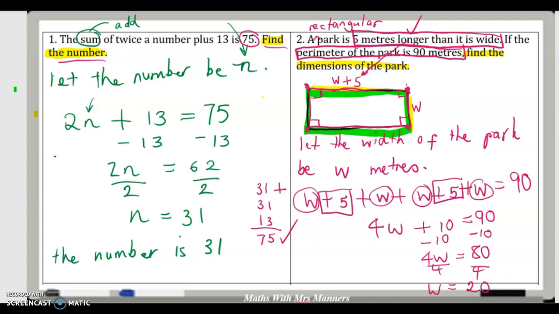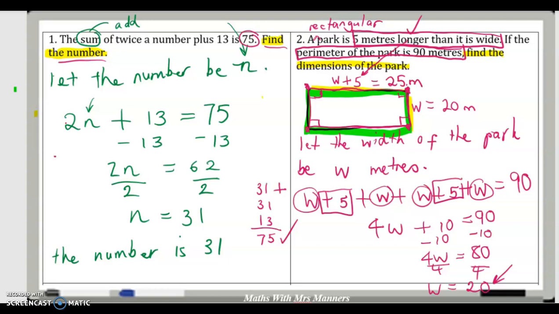And this is where your let statement comes in. Once you finish the equation, you might actually forget, well, what on earth is this w? What is it finding? Well, if I go back to my let statement, the let statement says let the width of the park be w meters. So now I know that the width of the park, the w, represents this distance here, which is 20 meters. And if I look at the other dimension, that's 5 more, so that would have to be 25 meters.